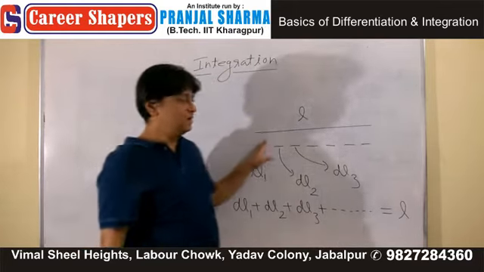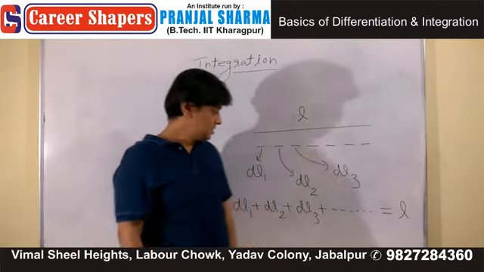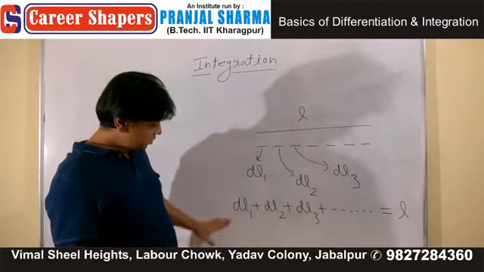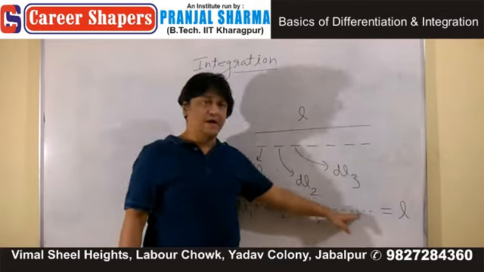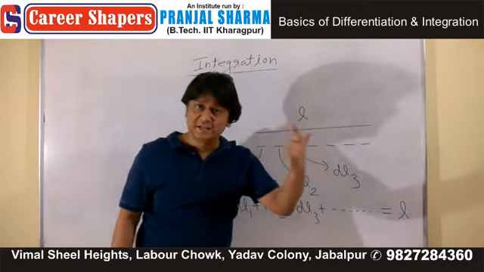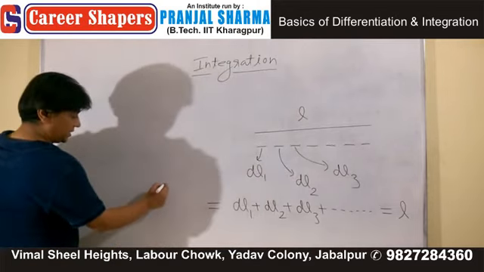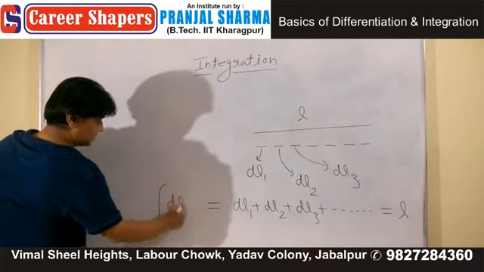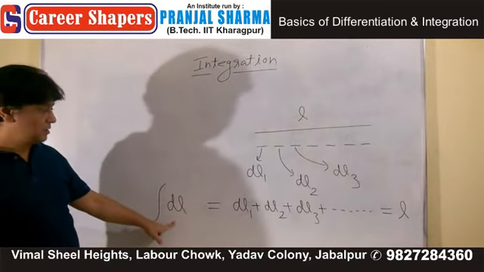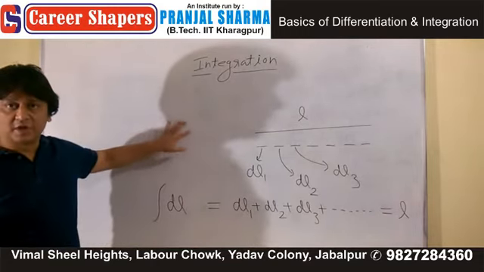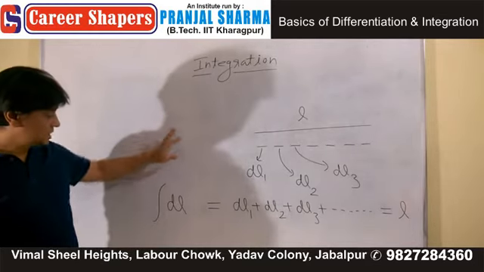So you get infinite such small lengths, and therefore we are not interested in writing all the infinite terms. Instead, we write the whole thing as integration of dl. This is the basic idea behind integration.